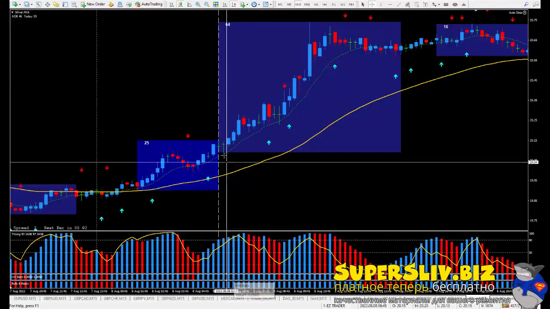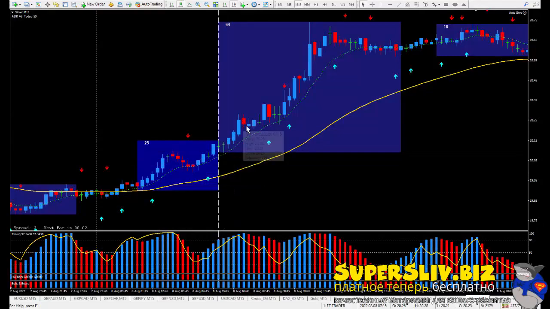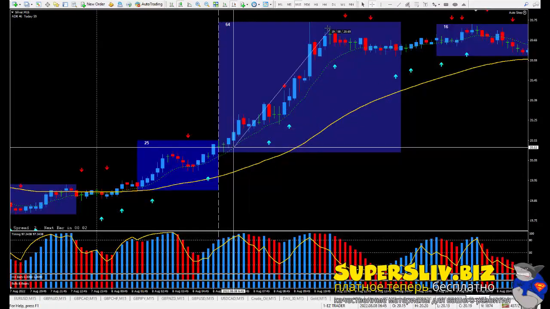So any pullback here, here, here, here, you can get in the trade, and to the top up there is 60. Let's just round it out to 60, and 60 times 50 is 3,000. That would be $3,000 if you did one standard lot.